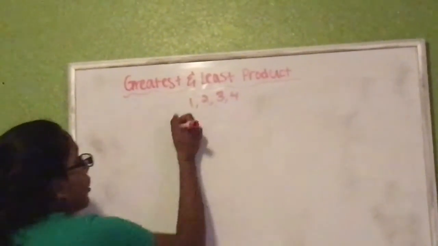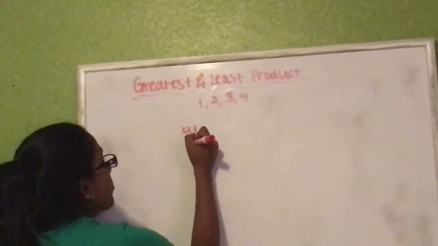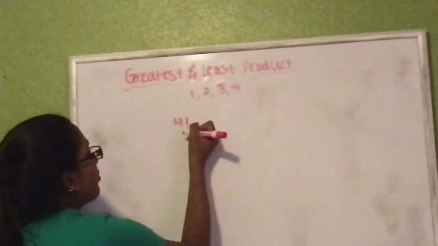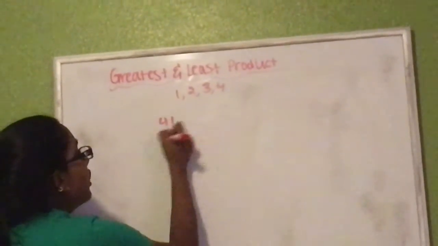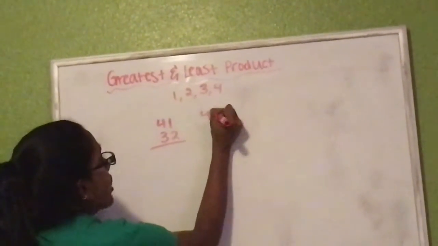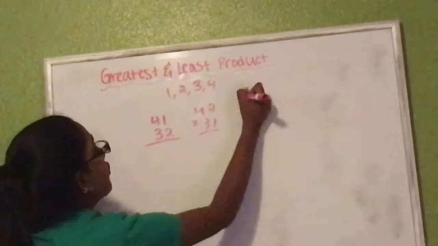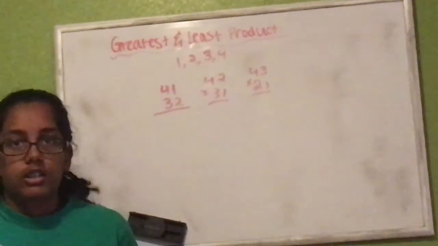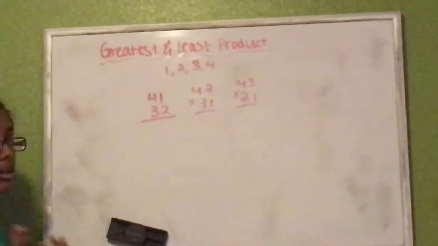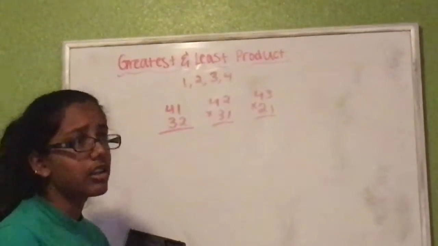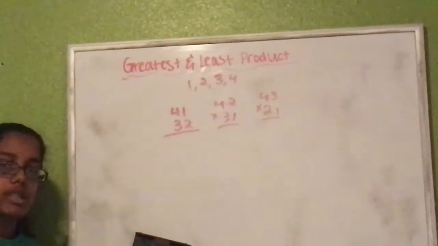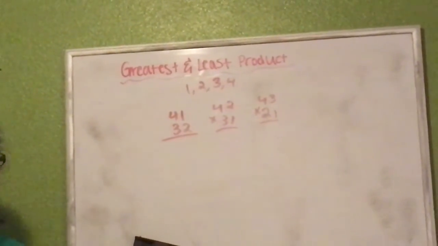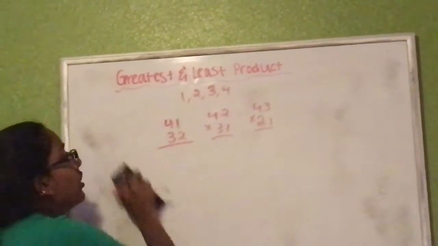So let's try it. 41 times 32, 42 times 31, 43 times 21, and so on. So you can keep trying and keep going and try to multiply and see which one's the greatest out of all of them. But that would take some time, and there's an easier way, so why not?